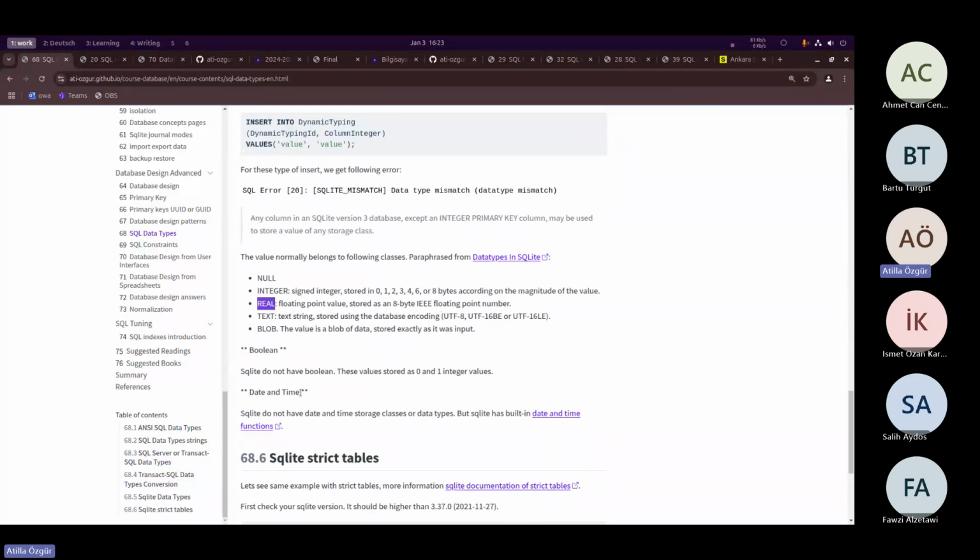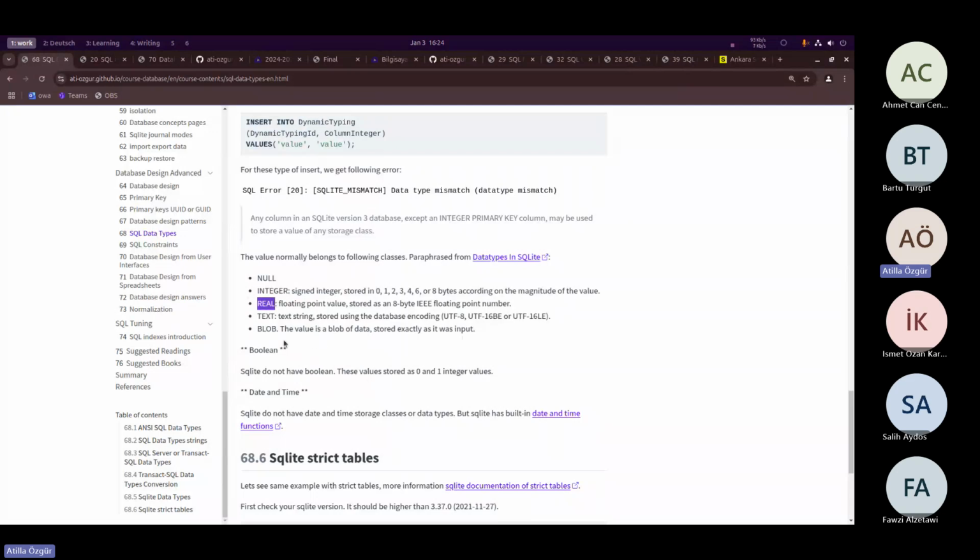I have shown you a demo about this with a Java program, if you may remember. Therefore, the money part should not be stored in real. Either you can put it in text and handle it in the backend programming, or you can handle it with integer and do some other arithmetic with it.